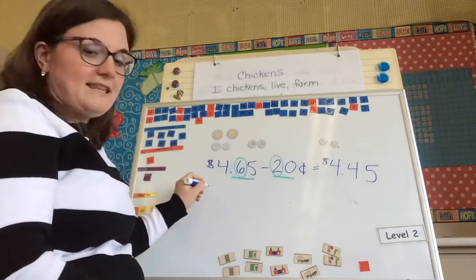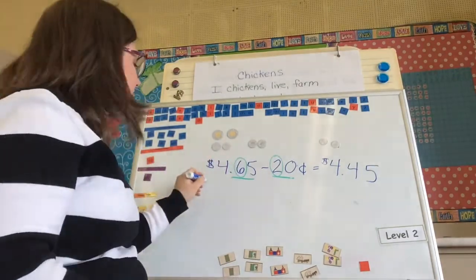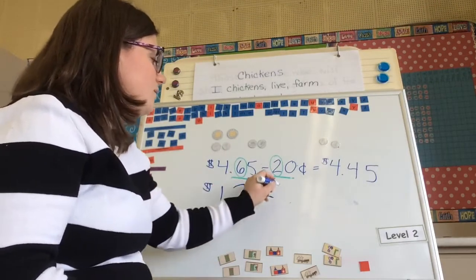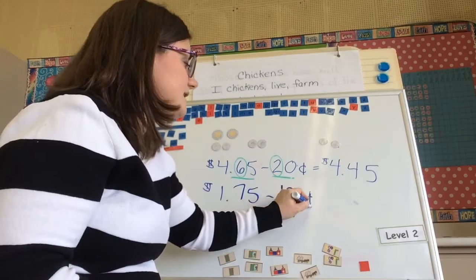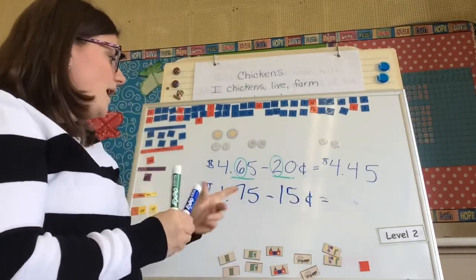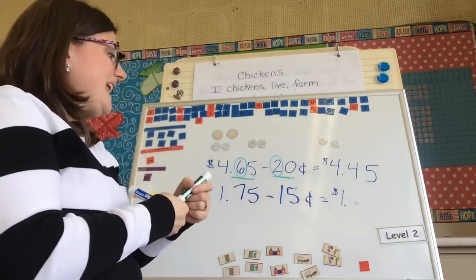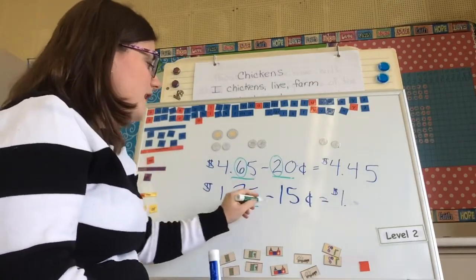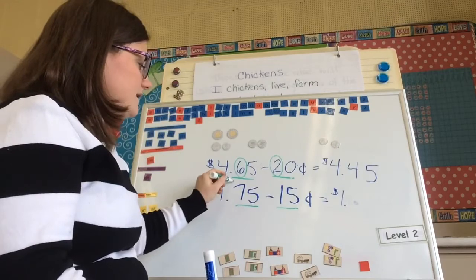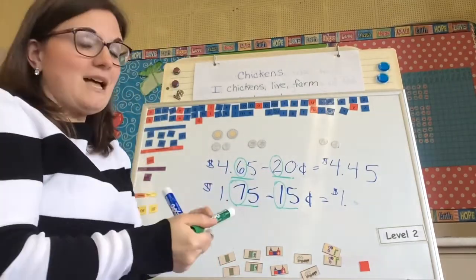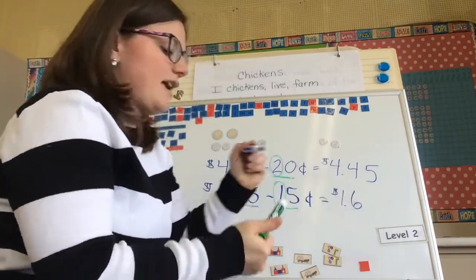Okay, and let's do another one here. Let's do $1.75, take away 15 cents. Well, I'm not taking away any dollars, so I can write my $1, but I am going to do 75 take away 15. Well, let's start with the tens. I have 7 tens, and if I take 1 ten away, I'm going to have 6 tens left.